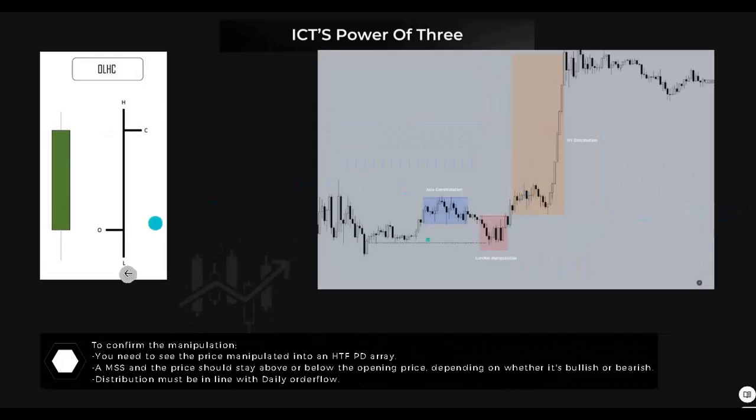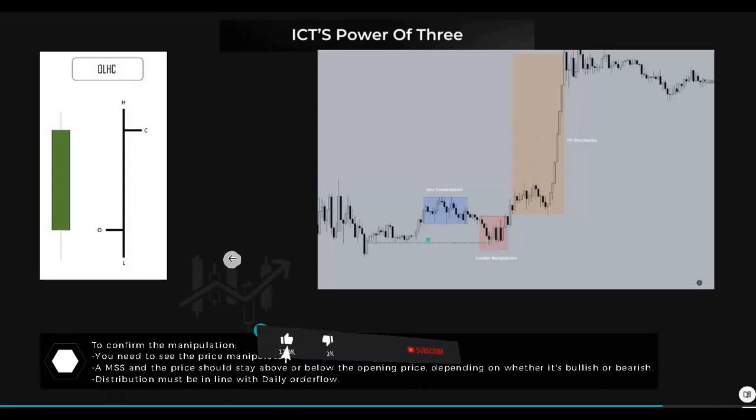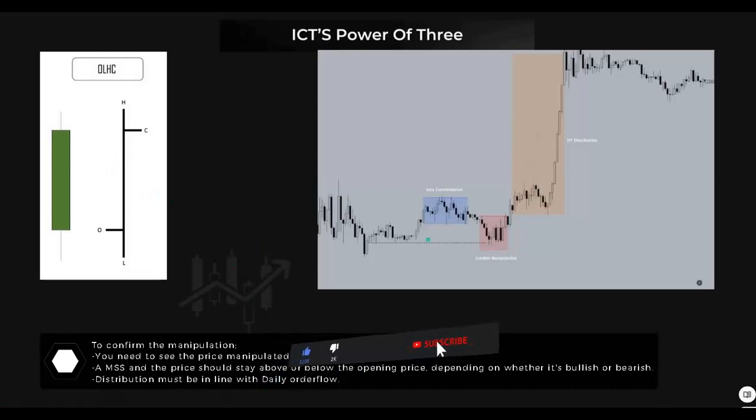In a bullish setting, you would look to buy while price is in the lower wick, below the opening price, right? Distribution must be in line with the daily order flow. So if your analysis tells you that the day is going to be bullish, then you should look for the distribution to be bullish.